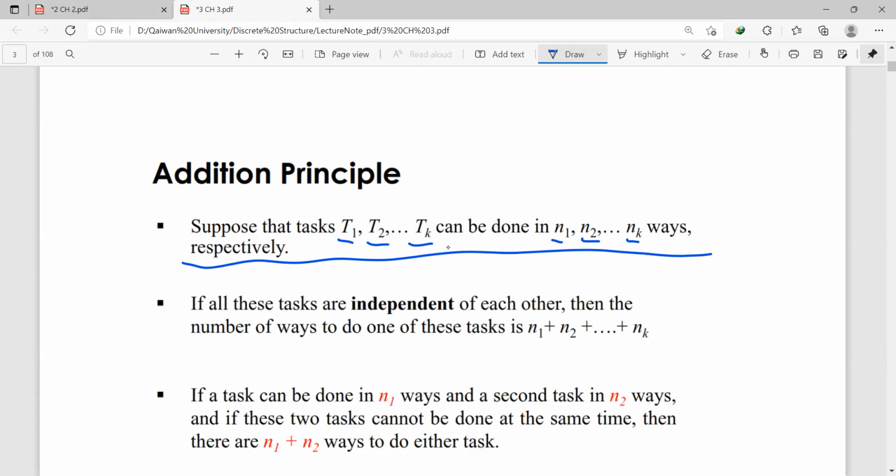That means task 1 can be done in N1 ways, for example, 10 ways, and task 2 can be done in N2 ways, let's say 4 ways.